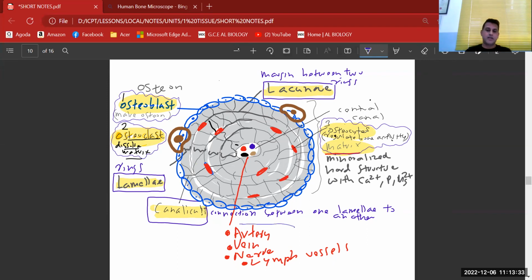So it has again an artery, vein, and lymph vessels to bring all the nutrients and take everything back, to bring calcium to the cells like this.